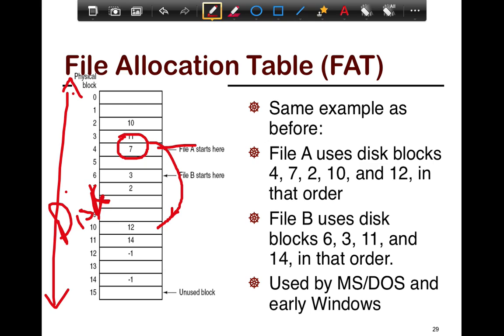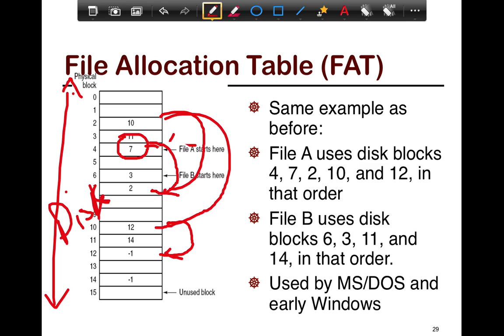So file A starts at this block, and it contains a pointer to the next one. 7 points to 2, 2 points to 10, 10 points to 12. 12 is -1, indicating termination of the file.